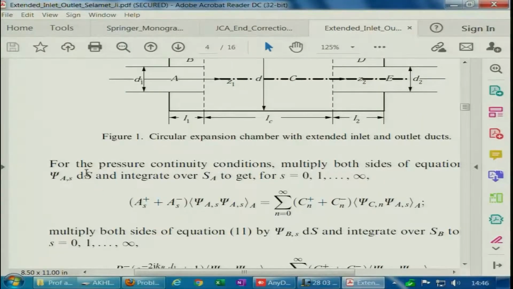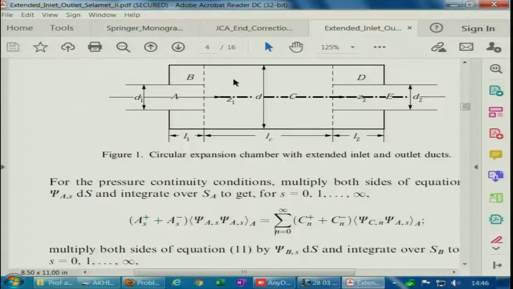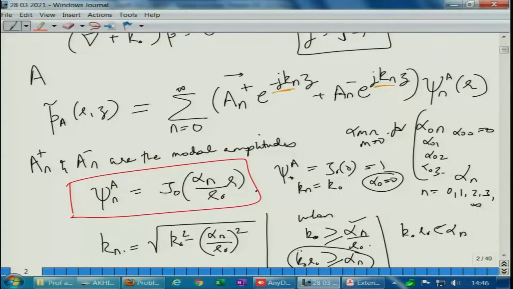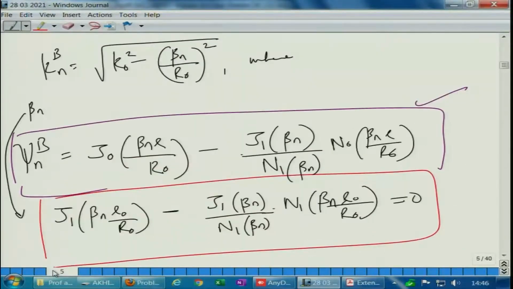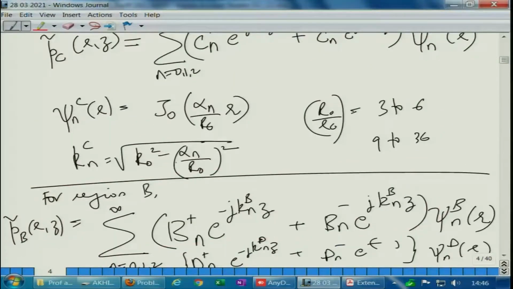ds is nothing but r dr d theta, and this is the psi function. Using mode orthogonality, only this function will survive, and you have only this term and then the mode function psi_as. This is integrated with the mode function in this one, that is a Bessel function with the larger radius a in the denominator, which is your r naught.